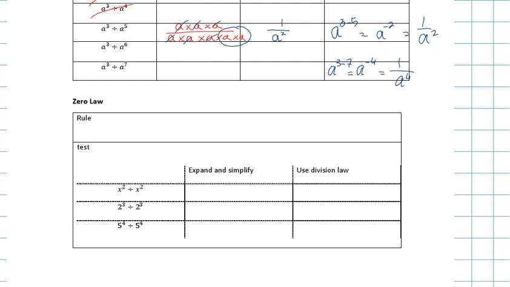For the zero law, any base to the power of 0 is what? Anything to the power of 0 is 1.